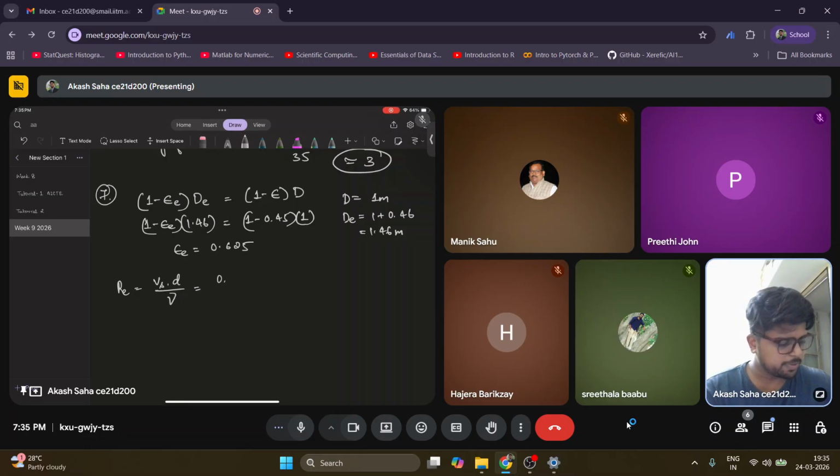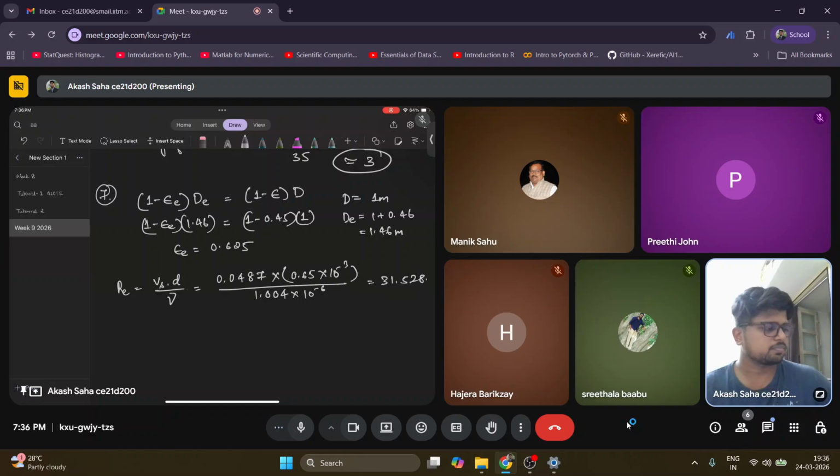In the last question we calculated the settling velocity: 0.0487 into diameter 0.65 into 10 to the power minus 3, and mu is 1.004 into 10 to the power minus 6. So we'll get something around 31.528. I will just write it down.